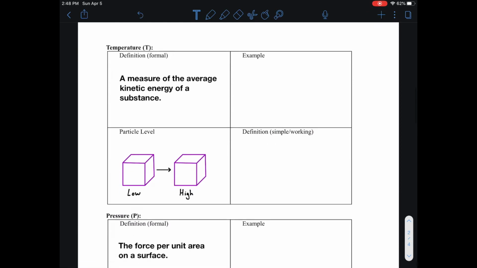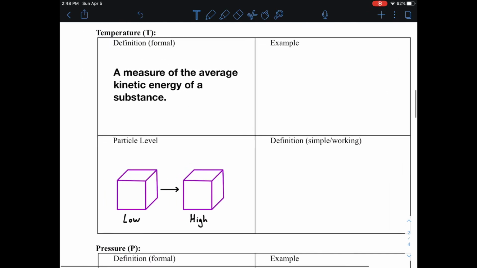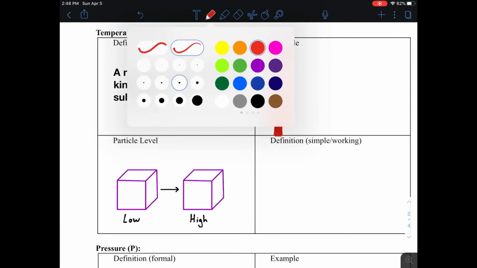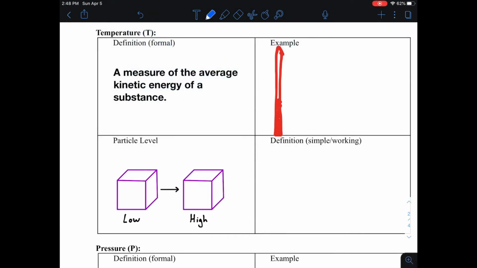Okay, on to our third definition, temperature. The book definition for temperature is a measure of the average kinetic energy of a substance. You might be used to a temperature like on a thermometer, and you might be more familiar with things like Fahrenheit temperature, right? If it's 50 degrees out.